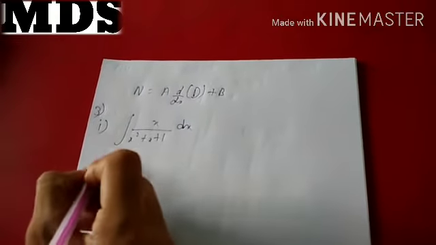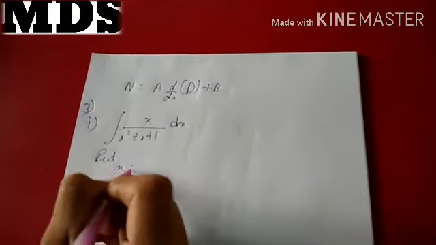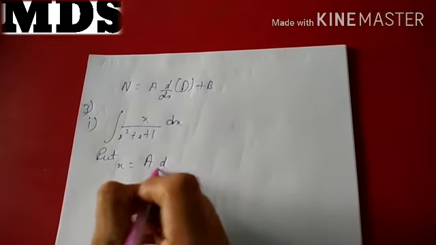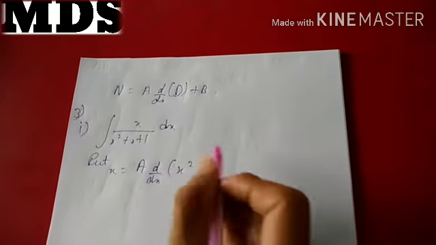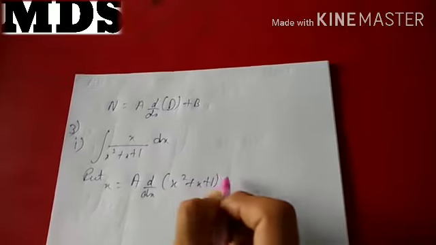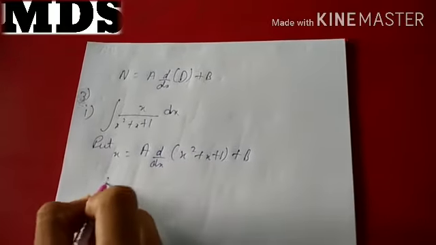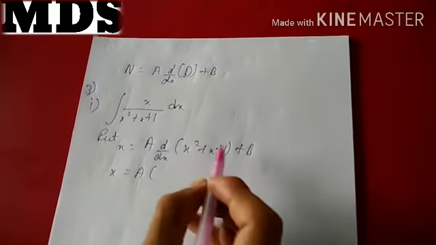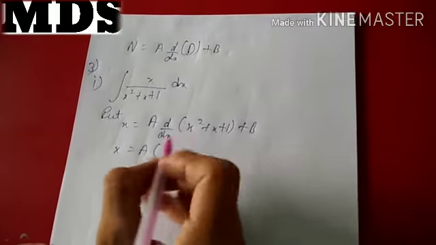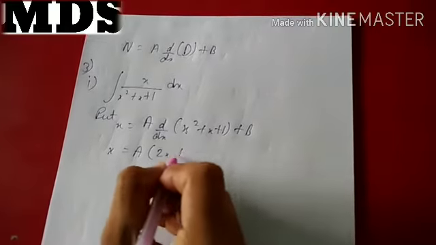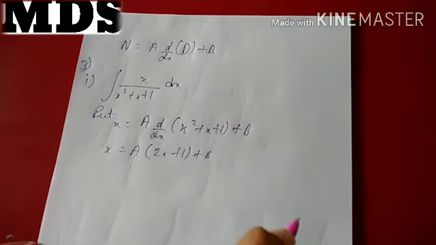Okay, so we will put x equal to a into differentiation of x square plus x plus 1, plus b. So it will be x equal to a into differentiation of x square will be 2x, of x will be 1, plus b.